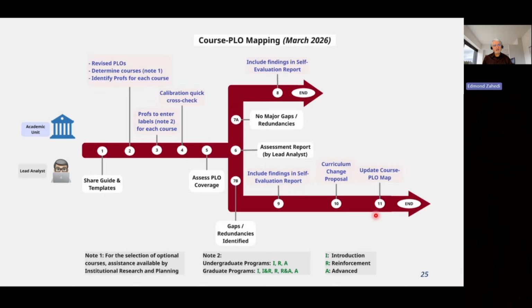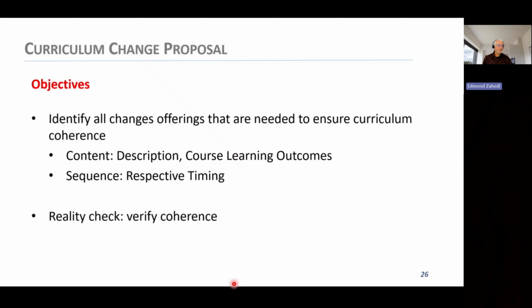And based on the curriculum change proposal, you can update the course PLO map, and then again include everything in the self-evaluation report. So that's in terms of the process. We're going to look at the curriculum change proposal, and then I'm going to give you some idea of the timeline. So let's move on to the curriculum change proposal.